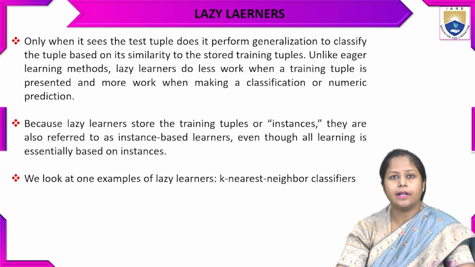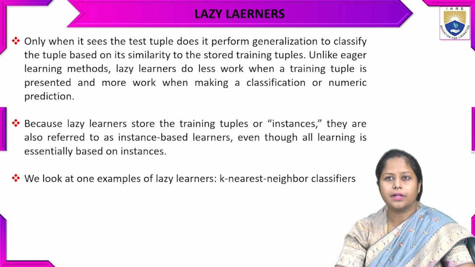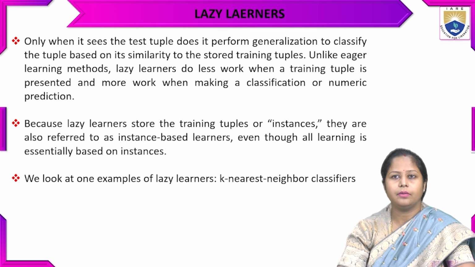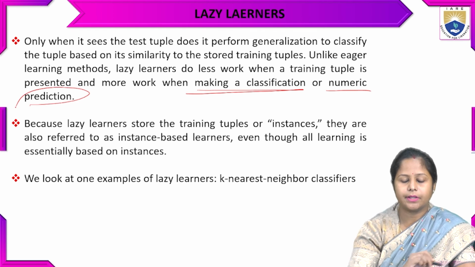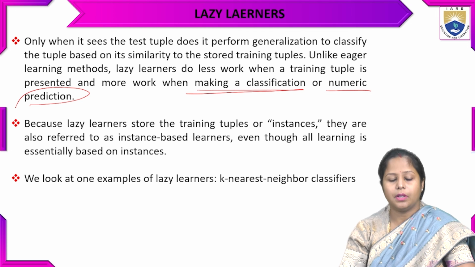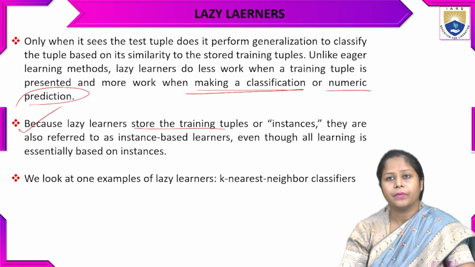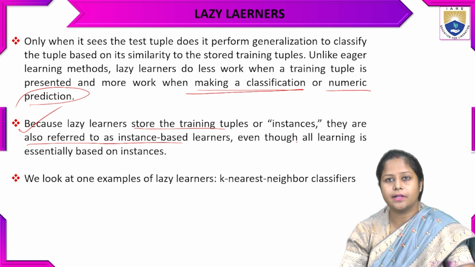Unlike eager learning methods, lazy learners do less work when a training tuple is presented and more work when making a classification or numeric prediction, right? Because the lazy learners store the training tuples, or we can say instances, they are also referred to as instance-based learners.